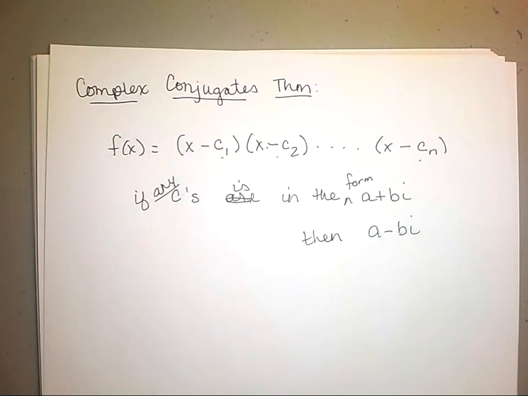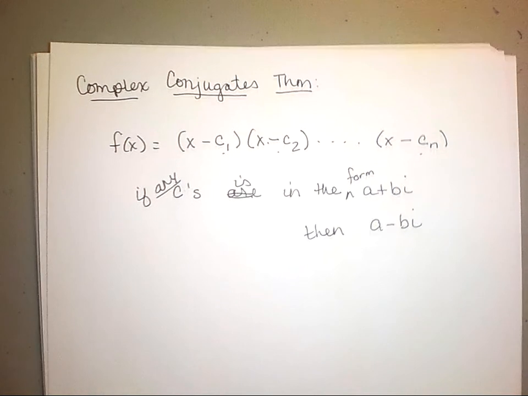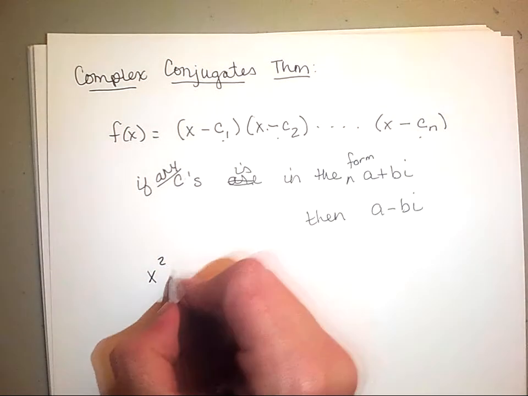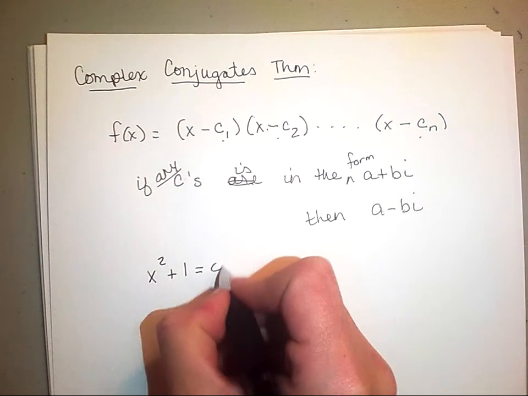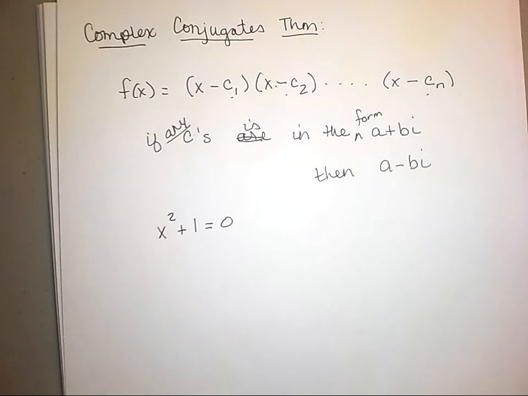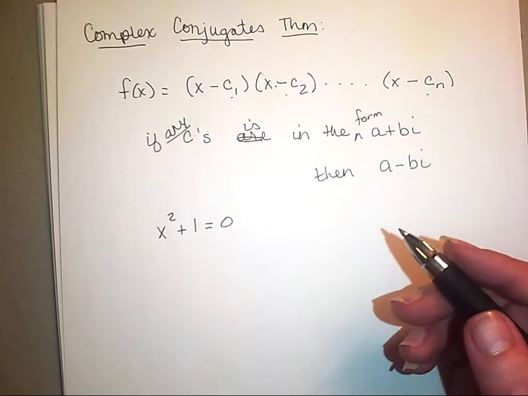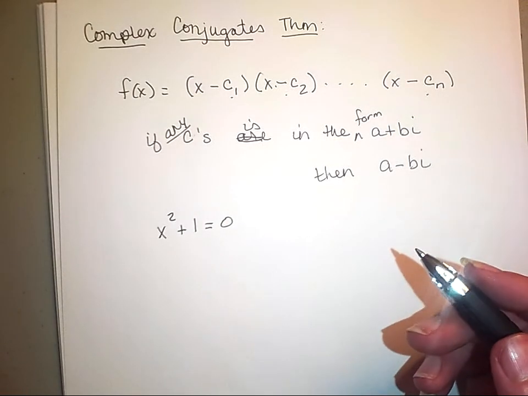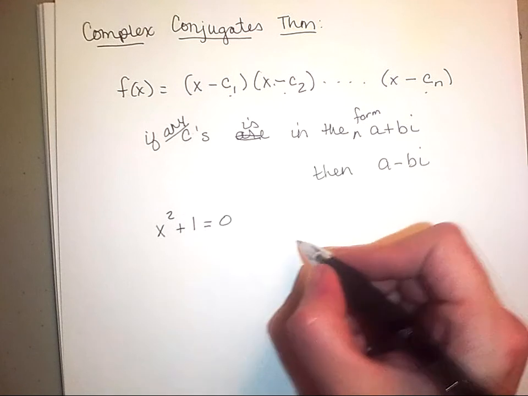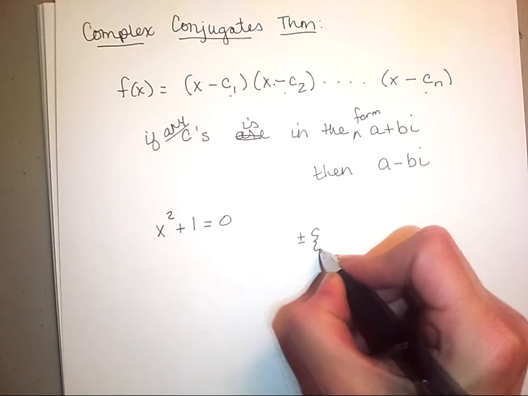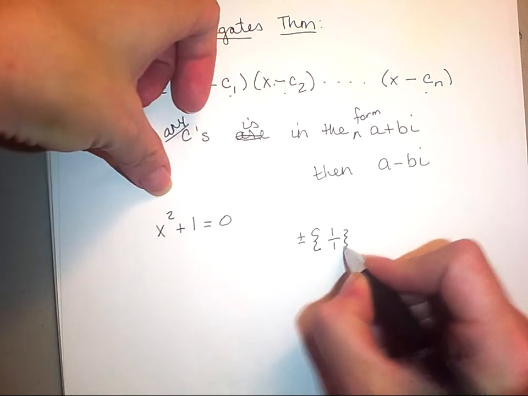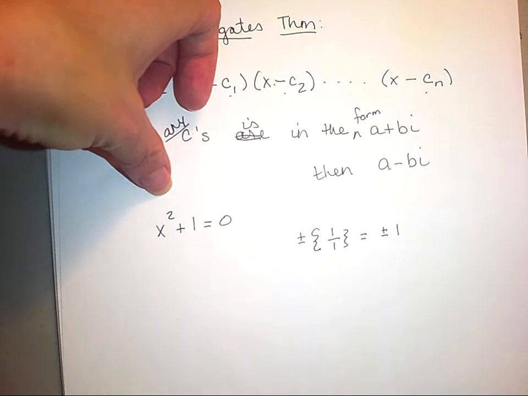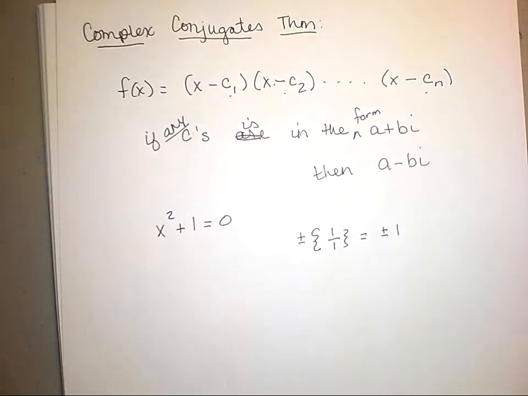And we can just look at that from a very basic example. Okay, x squared plus 1. If we solve this, if you use the possible rational roots theorem, then you would get plus or minus the set of 1 over 1, so you really only have plus or minus 1 to test from. Now, we don't have to do this because it's quadratic.